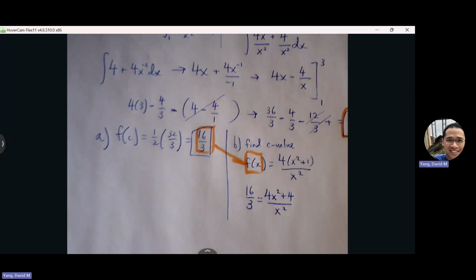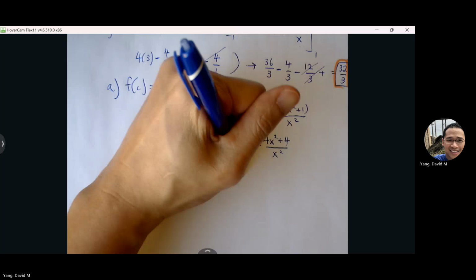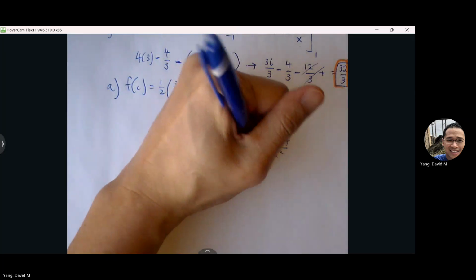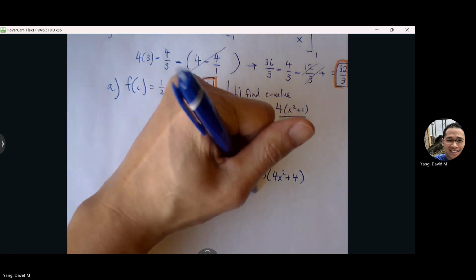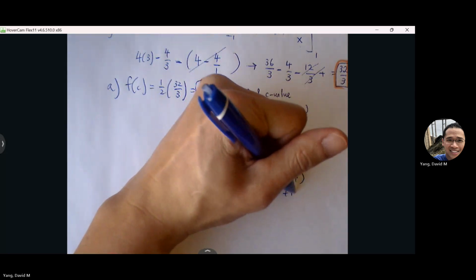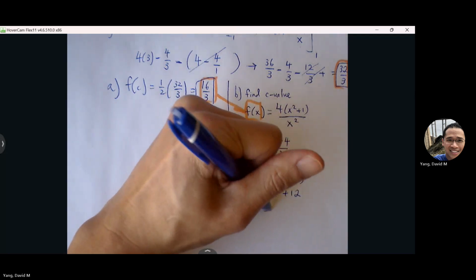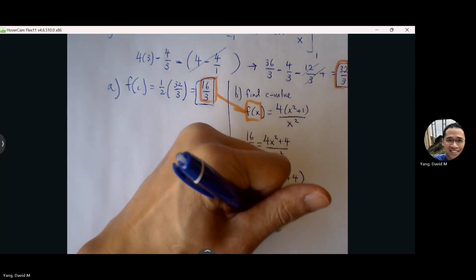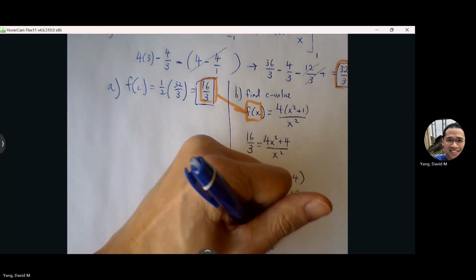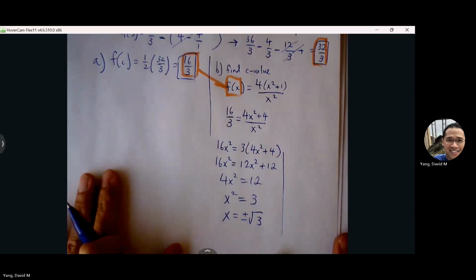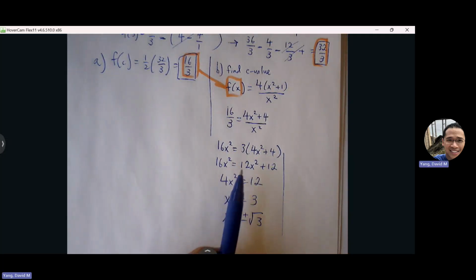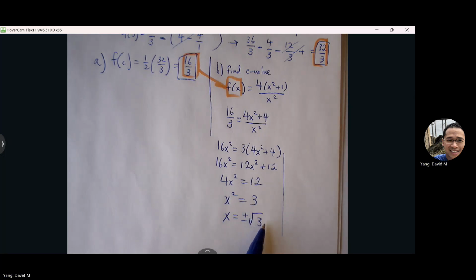I'm going to cross multiply here just to get all of my fractions resolved. Distribute the 3 through, combine like terms, divide by 4, take the square root, and plus or minus shows up. Are both valid solutions?